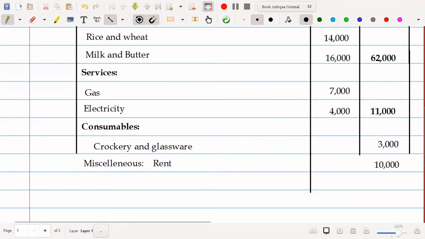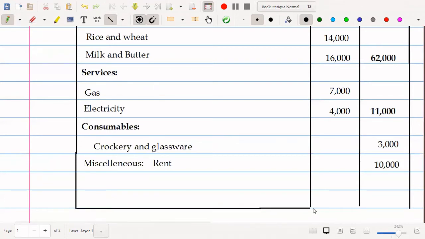We'll total it now and we'll see what will be the total operating cost. Now total it. Let's see what is the total. What is this total?